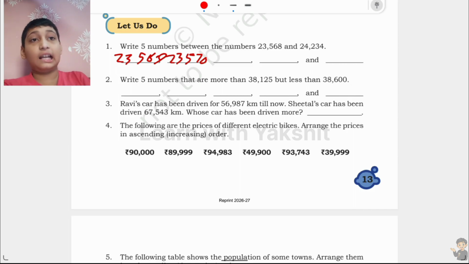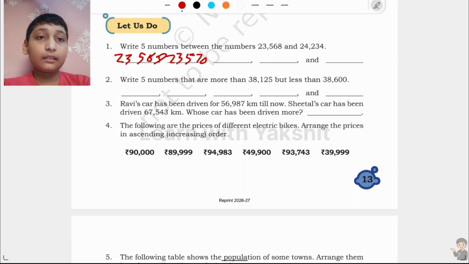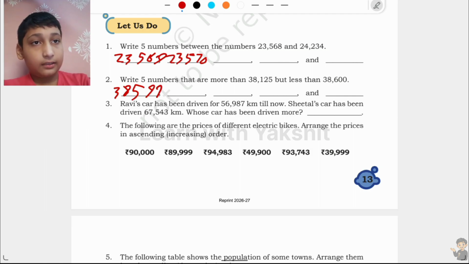Now we can use the exact same idea, but you can also do it like this, like 38,555, and then 38,599.